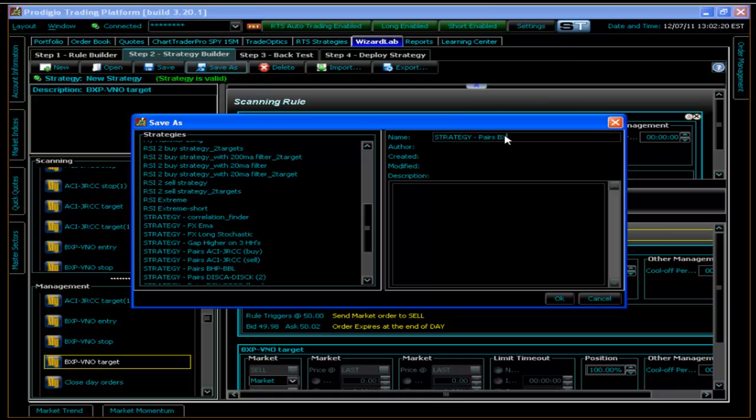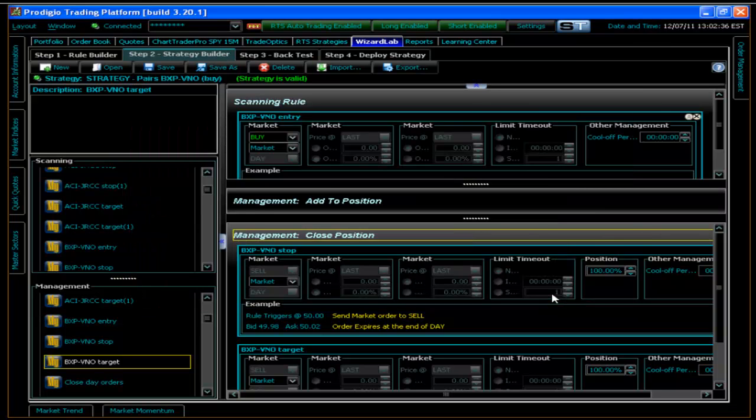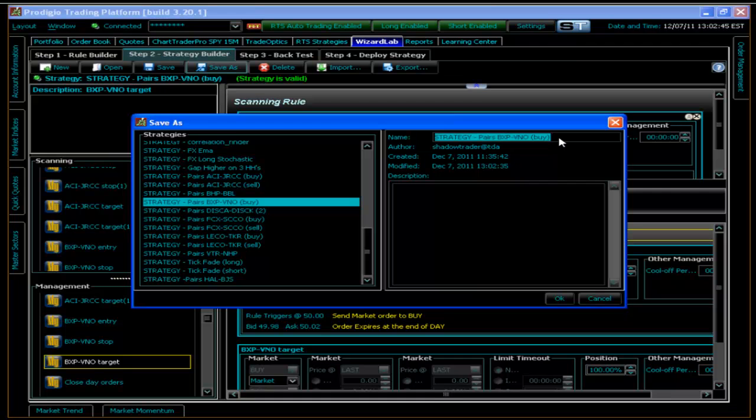Pairs, and then I call this BXP VNO, and I'm going to call it the buy side in parentheses. You guys can see on the left hand side that I do all my strategies the same when they're pairs. I go strategy, gap higher, what it is, strategy pairs, done. All right, save it. Now obviously we need a sell. How simple is that? One click, change the scanning rule to sell, and hit save as.